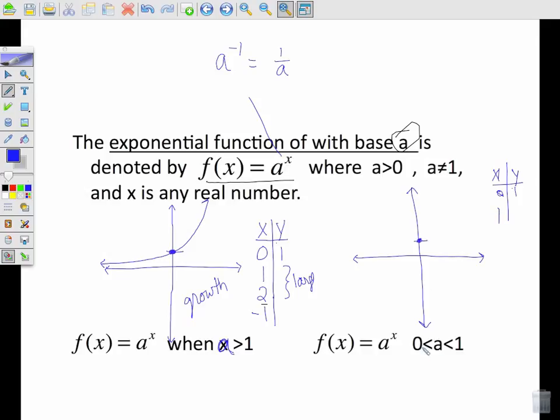If a is between 0 and 1, that means this is a fraction. We have some sort of fraction such as 1 over x or something. We don't know what it is, but it's some sort of fraction between 0 and 1.